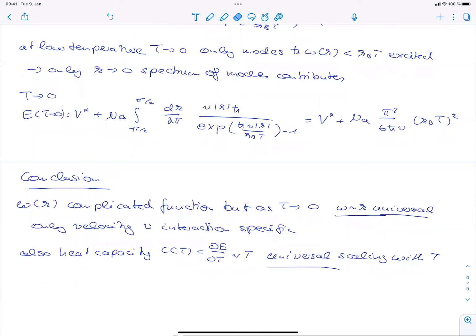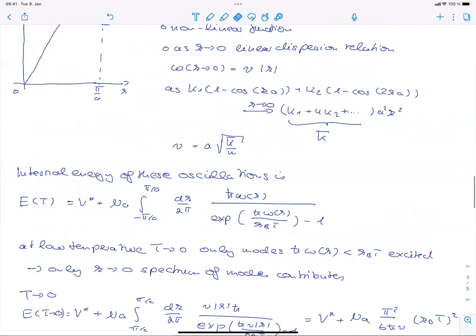And that is all despite, and I really want to strengthen this, we never assumed that the interactions are small, right? We never said that these elastic constants were small. So we have a fully interacting system that we're just looking at in a case where its relationship at low temperatures has a very simple universal behavior.